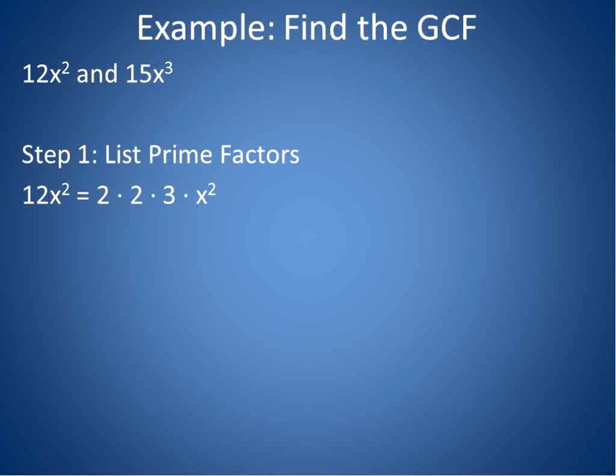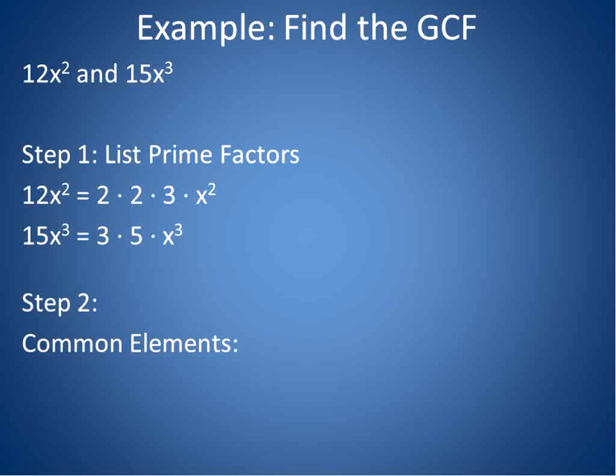Oftentimes this is called prime factorization of that number. And 15x to the power of 3 is the same as 3 times 5 times x cubed. These are the prime factors inside each of these terms.